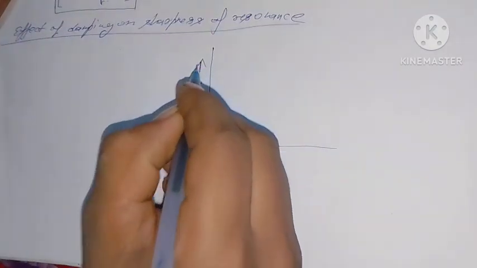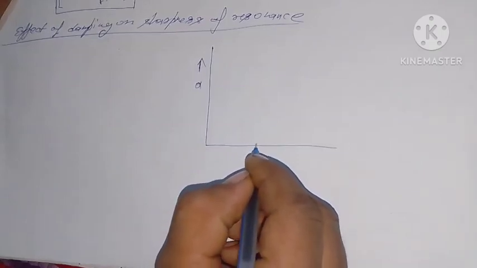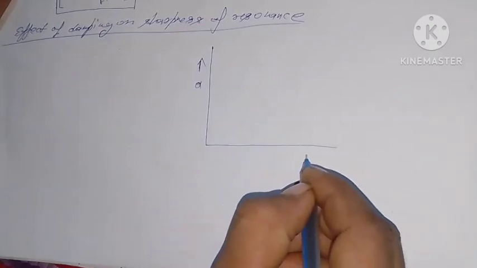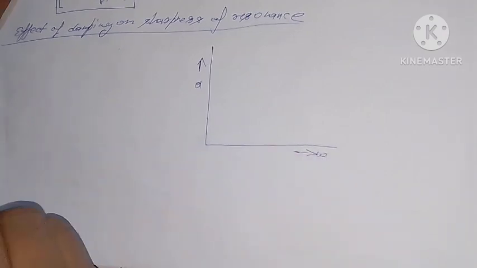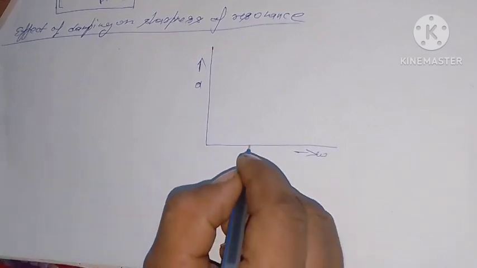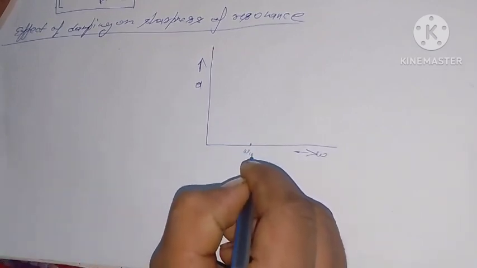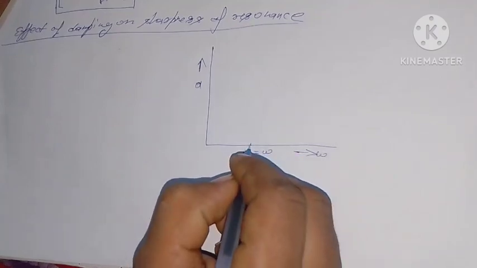This is amplitude on the y-axis, and this is omega, frequency. And this is omega not equal to omega naught, which means the resonance condition.